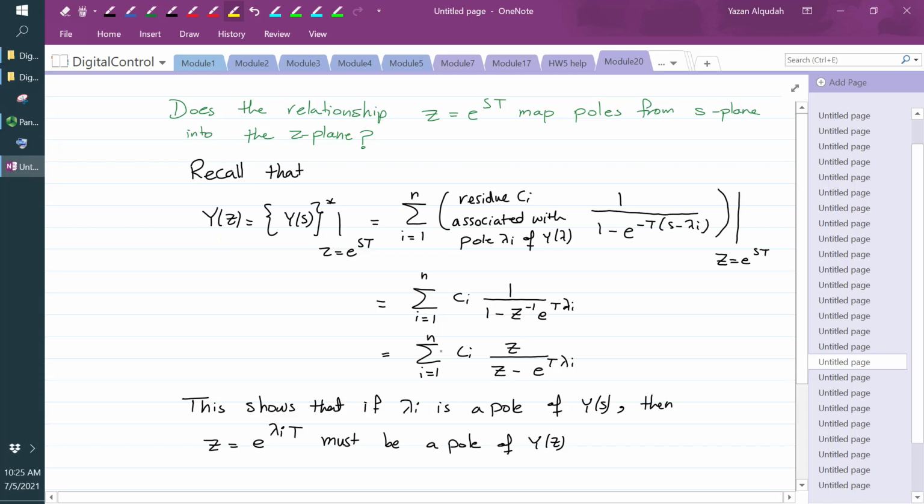We can write this as summation of ci z over z minus e to the T multiplied by lambda i.